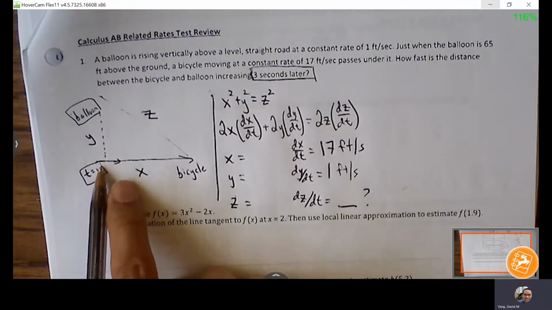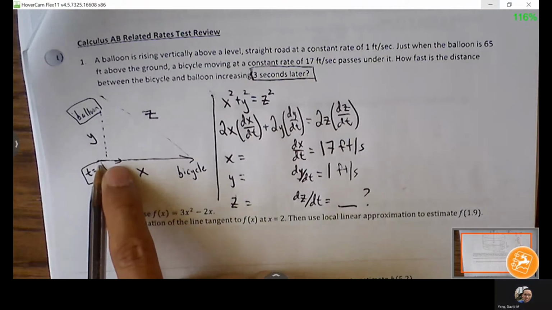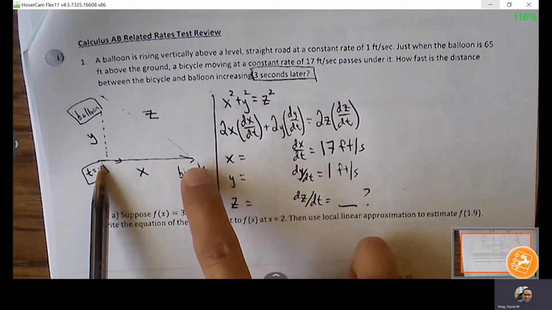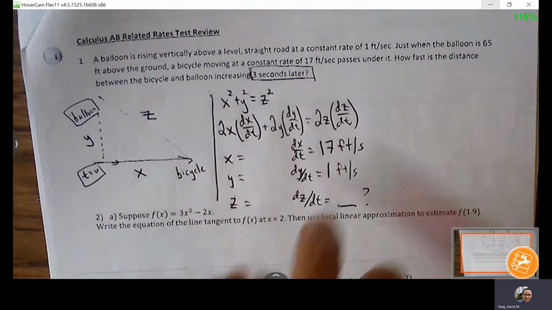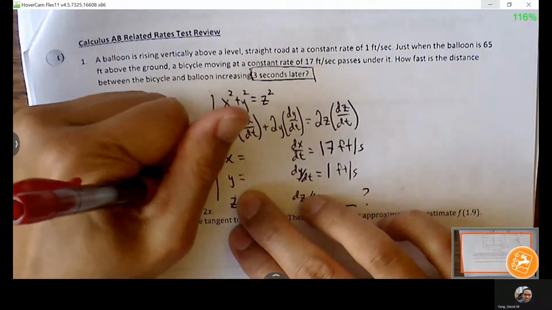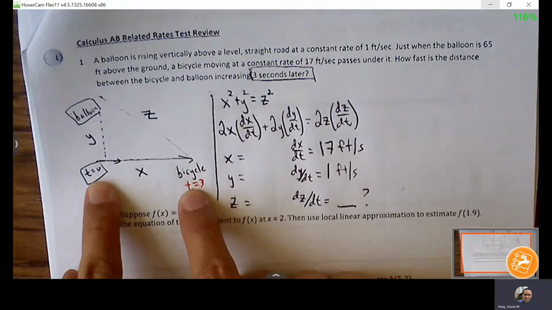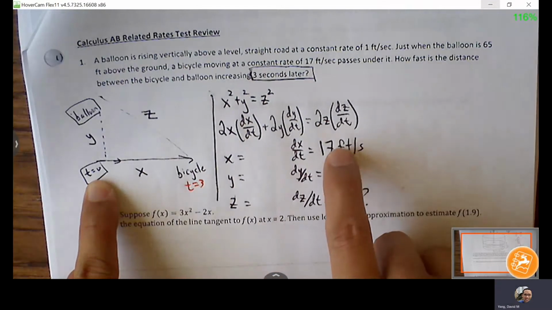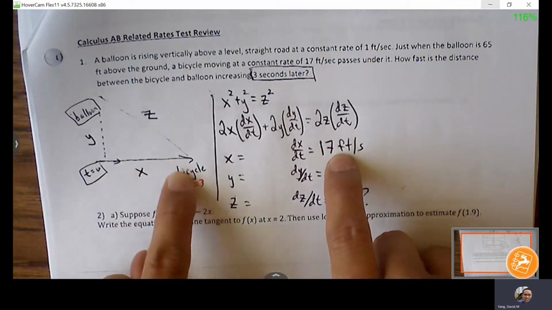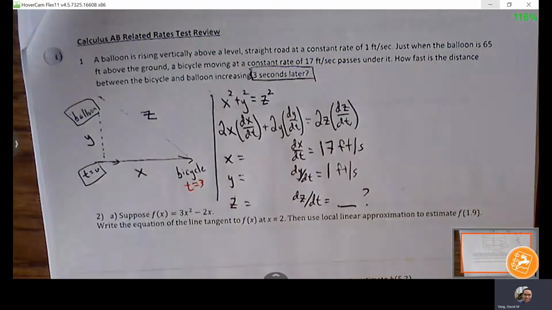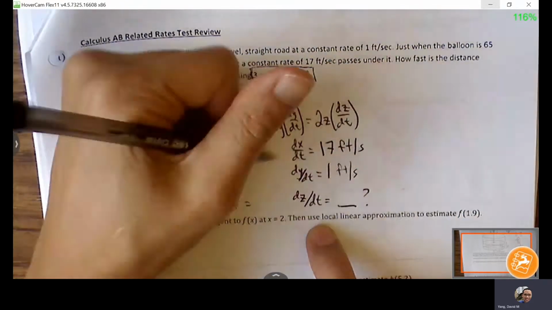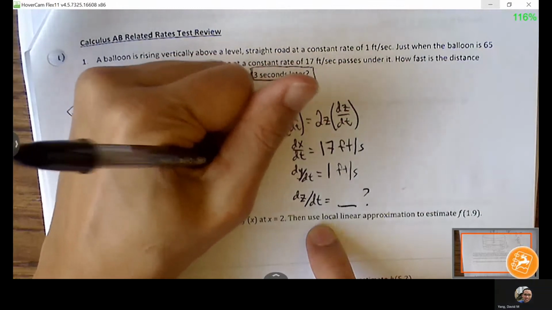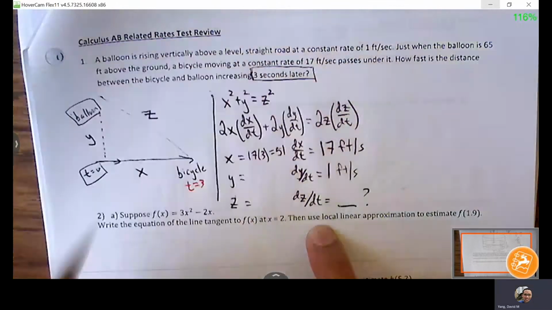The bicycle is here at t equals 0, but it's going to end up here at t equals 3. How much distance has the bicycle covered in that time period? 17 times 3, right? He's moving at 17 feet per second, so after 3 seconds, he's going to cover 17 times 3, which is 51 feet.